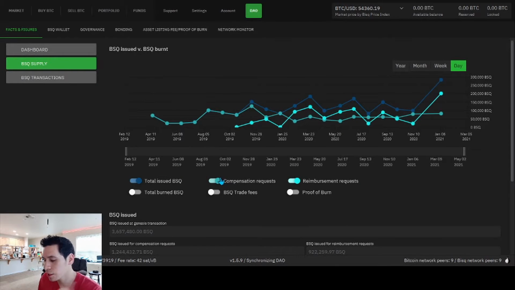Yeah. So when things go awry in your trade, there are certain situations in which you would want to be reimbursed. Normally, let's say you're buying Bitcoin, and the seller goes quiet, or they claim that you haven't sent the funds, and then you prove that you sent the funds, and then the seller is out of luck.